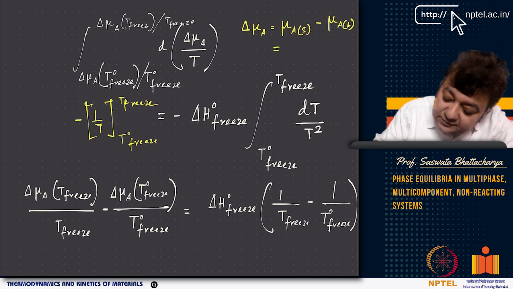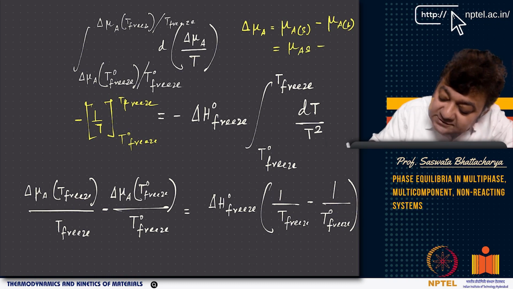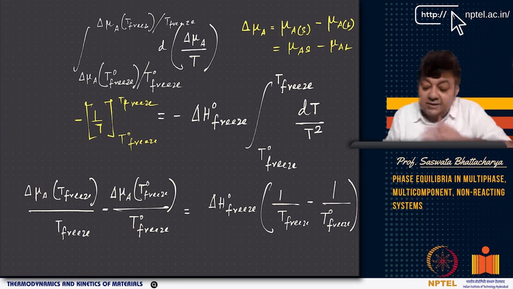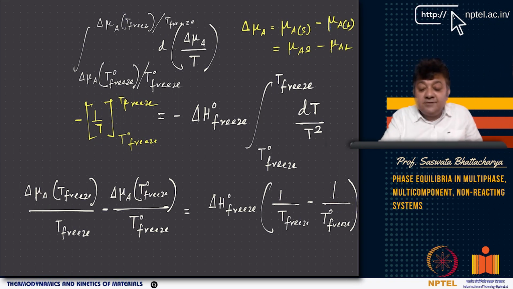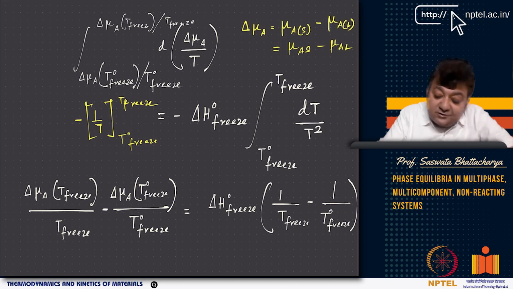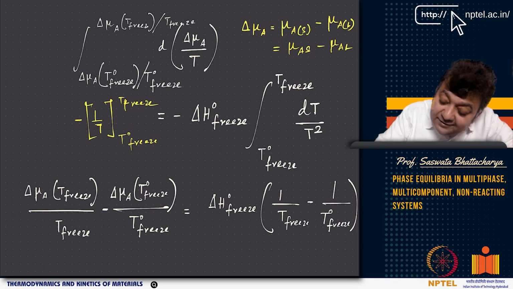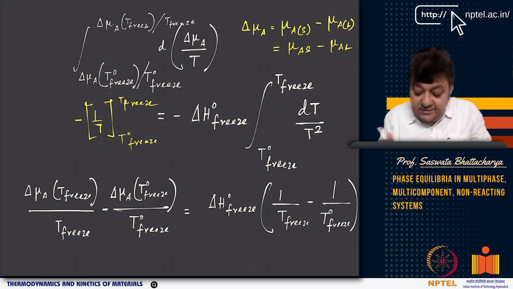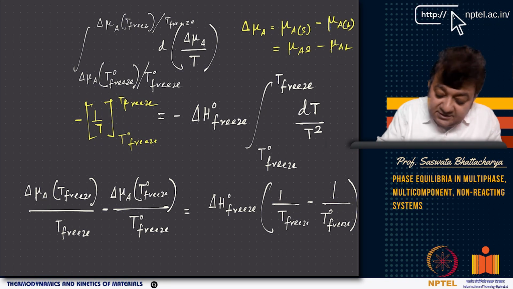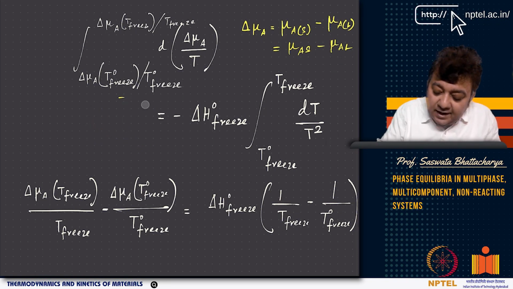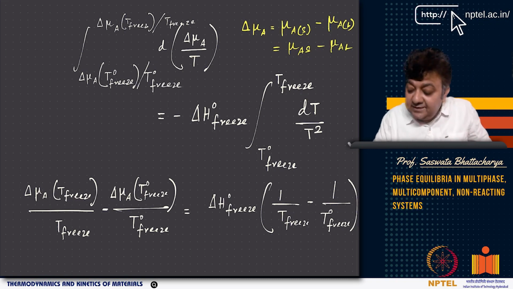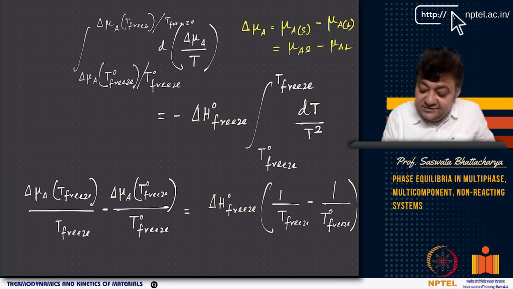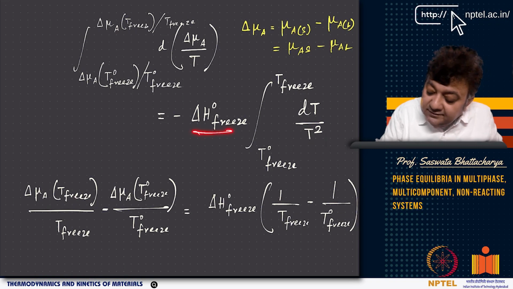I have not given brackets, but we need not, so I am following this convention, mu A S minus mu A L. Now this we are evaluating at two different temperatures: T0 freeze, the freezing point of the pure solvent, and T freeze, the freezing point of the solution. Now if you do this integration, and you assume that delta H0 freeze does not change between T0 freeze and T freeze, then delta H0 freeze can come out of the integration, and you have dT by T square.